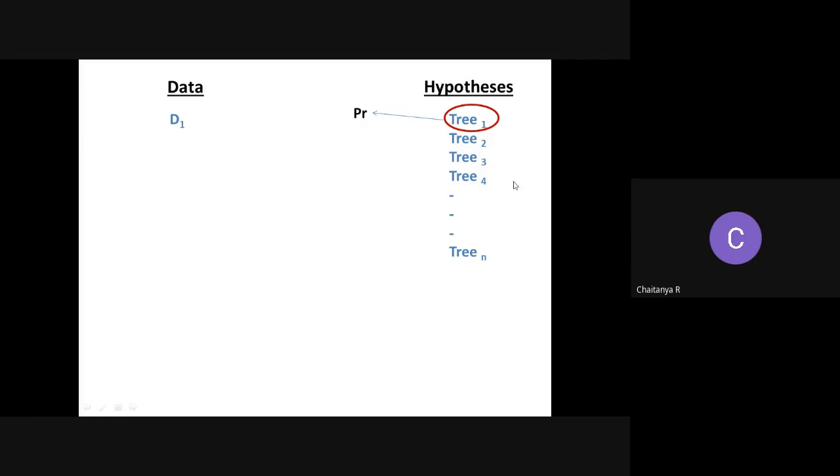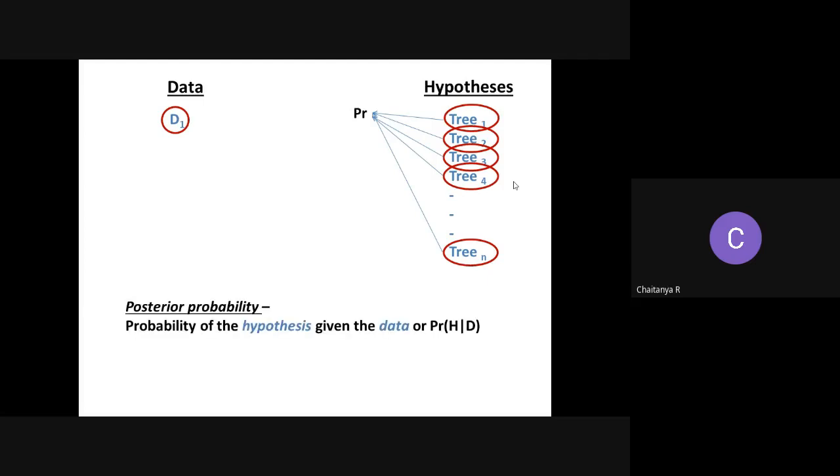Then we find the probability that tree 2 is correct, and then tree 3 and so on till we exhaust all the possible trees for this data. So the fundamental difference between this approach and likelihood is that likelihood calculates the probability of the data given the hypothesis, whereas the Bayesian approach calculates what is called posterior probability. Posterior probability is the probability of the hypothesis given the data, and it is represented like this mathematically.